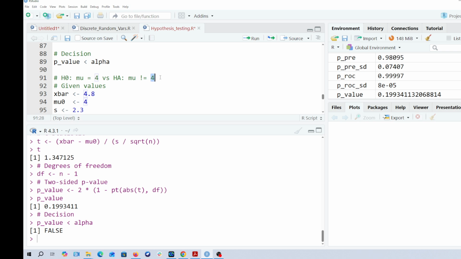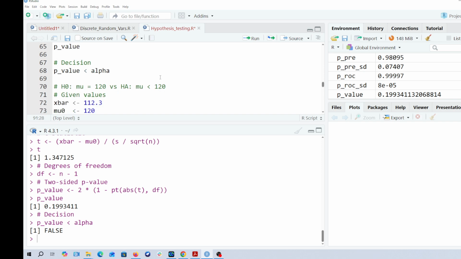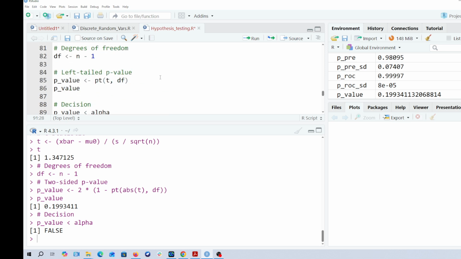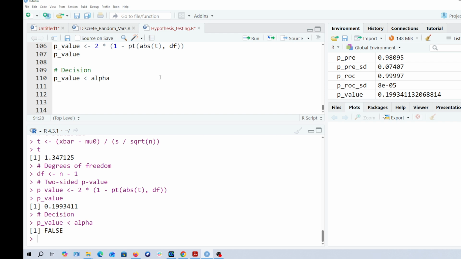So we have seen here that in most of these cases, we are only trying to test a single mean. Now, as we move on, we are going to see how we can test if we have two groups. Let's say we were trying to test that the average height of female students in a particular institution is different from that of the male students.